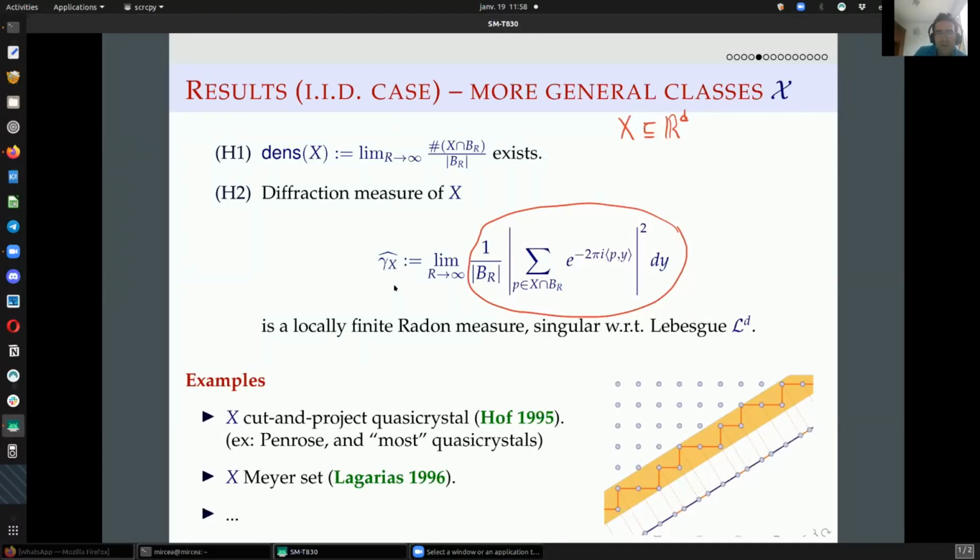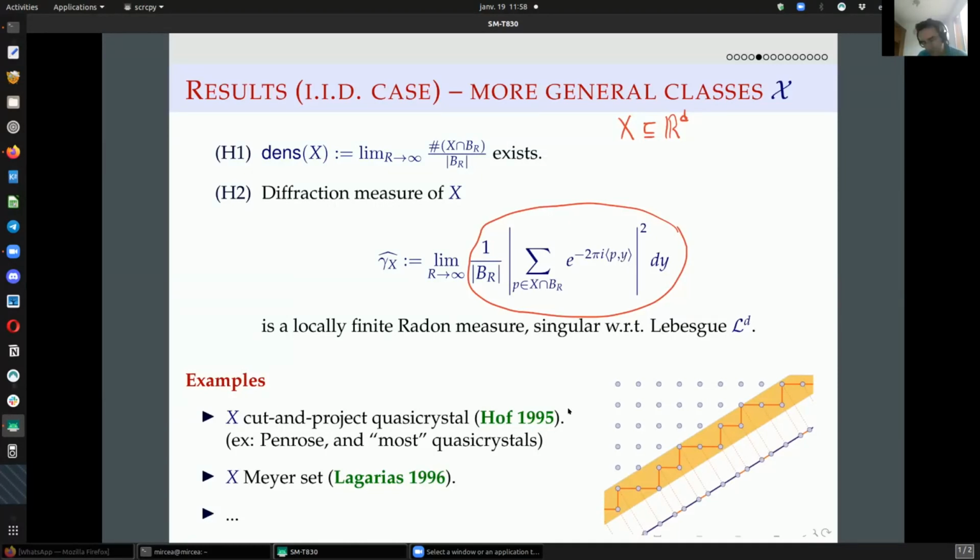This is the diffraction measure of the set X. It is also related to the autocorrelation measure. Usually this gamma X would be the autocorrelation measure of my set X, which is basically a measure that tells me how the differences x minus y, with x and y in my set X, are distributed.